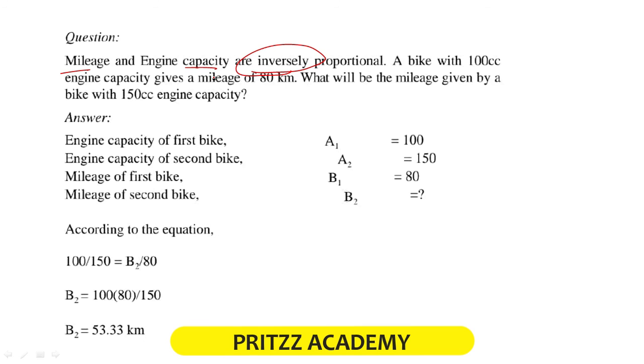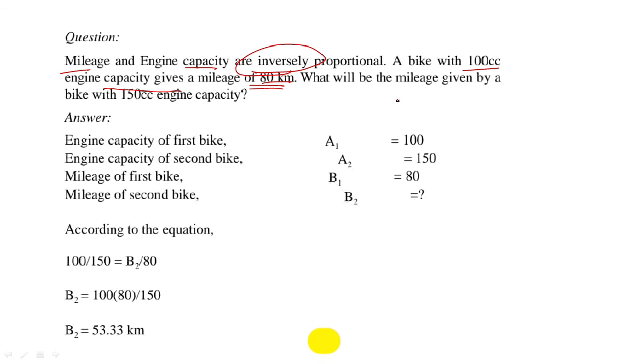A bike with a 100 cc engine capacity gives a mileage of 80. Then what will be the mileage for 150 cc? So we have to write the ratio a1 upon a2 is equal to the inverse; for inverse it is b2 upon b1. Let's say a is our capacity and b is mileage.